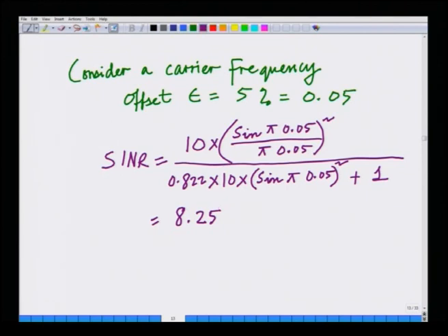Previously, in the absence of carrier frequency offset, the SINR was 10 dB, which is 10. Now, as the carrier frequency offset has increased, that is, if we have a carrier frequency offset of 5%, the SINR has dropped to 8.25.